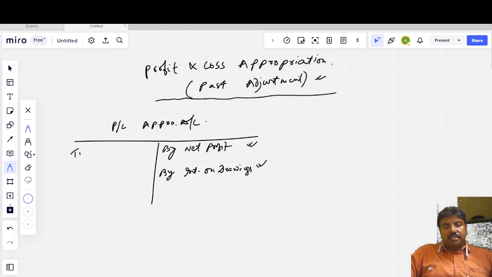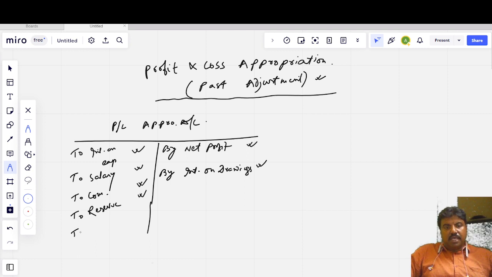And at the debit side, the items come: interest on capital, salary, commission to the partners, any reserve which is kept out of profit for the business, and finally comes share of profit as balancing figure from the profit and loss appropriation.